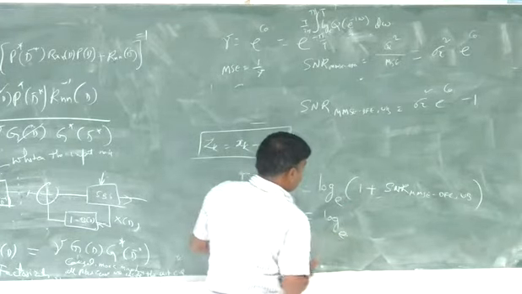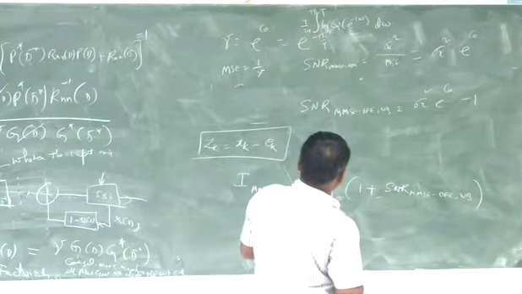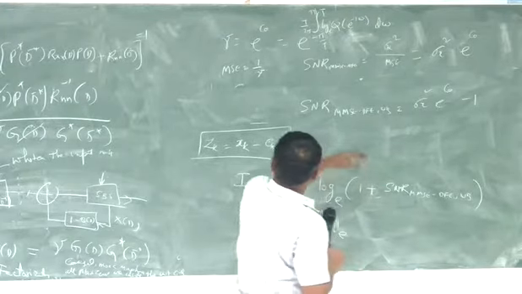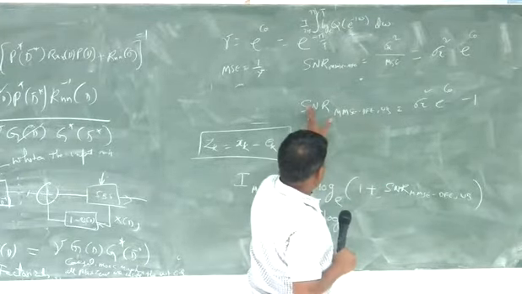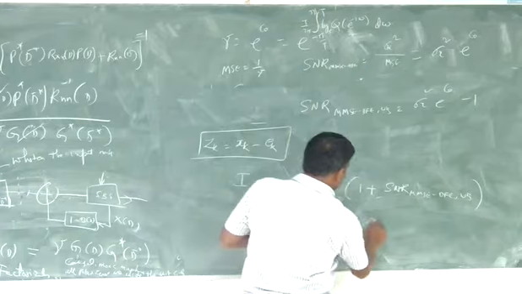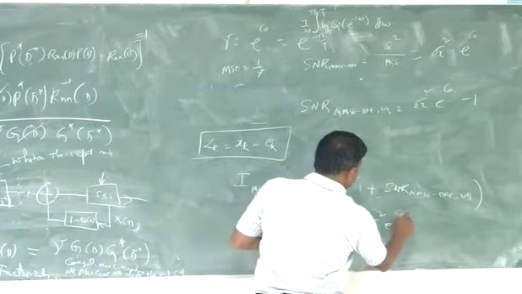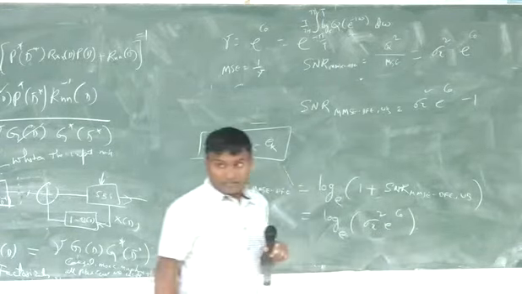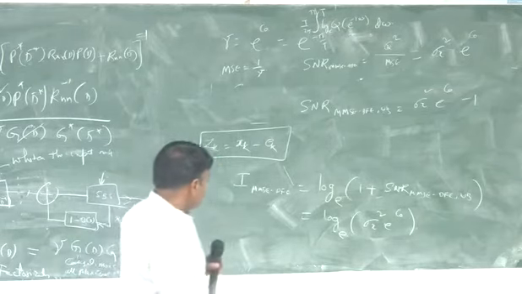We can convert to base 2, and we know that 1 plus SNR of MMSE DFE unbiased is sigma x squared into e raised to C naught. Okay?